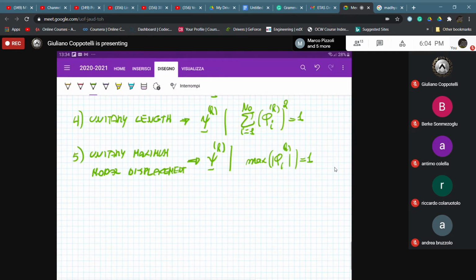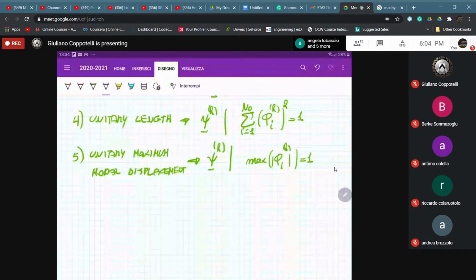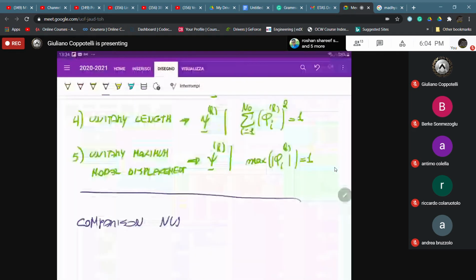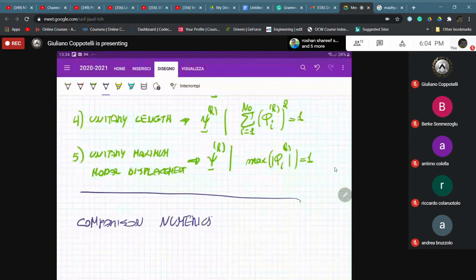Now, what I would like to start with you is the comparison between the numerical model and the just identified experimental one.